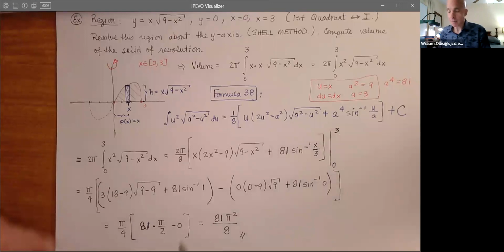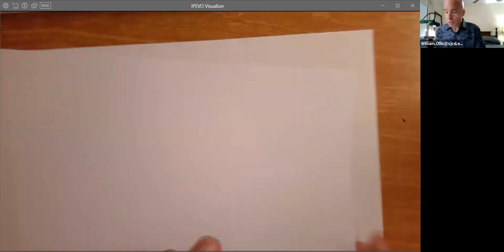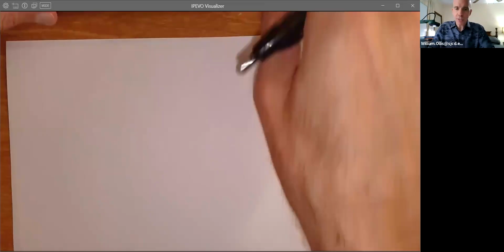So very nice example. Now, what I want to do is spend a little bit of time on indeterminate forms, which I'm sure some of you had a previous class or exposure to and have worked with.